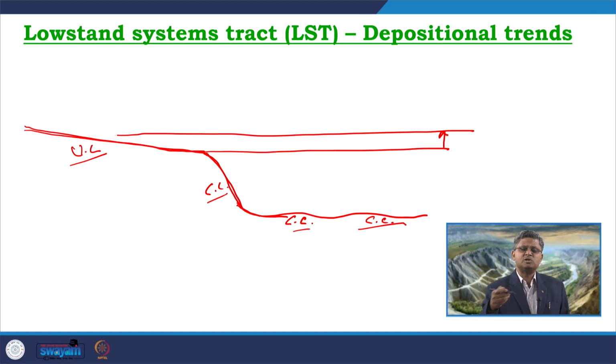Now, for this much of base level rise, several changes in the depositional processes take place across the basin, and we get different types of deposits in different parts of the basin. So, definitely that area which is not covered under water even during this rising of the base level during LST will not face any kind of deposition.